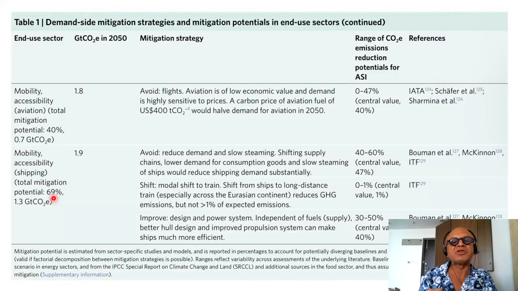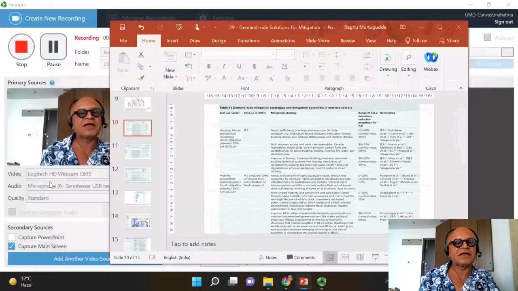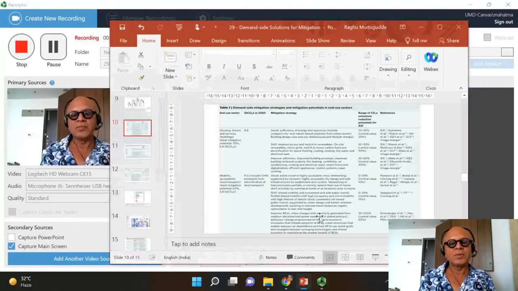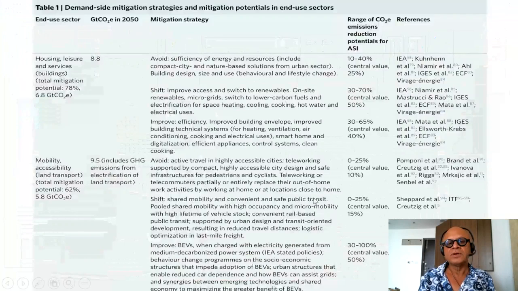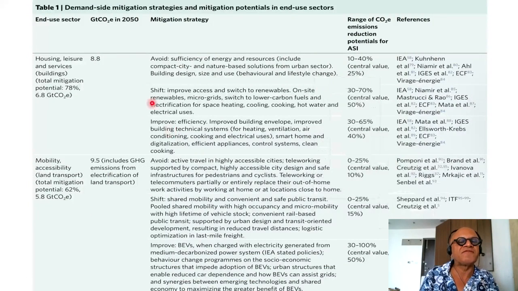This is the demand side mitigation strategy continued here into mobility, and did I switch that around? Yes, I did. So let me stop that and restart. Okay, so mobility there. Buildings, mobility, food, and industries, as we said before.